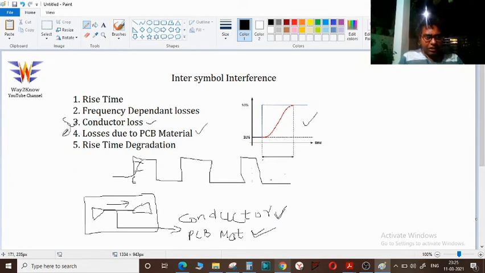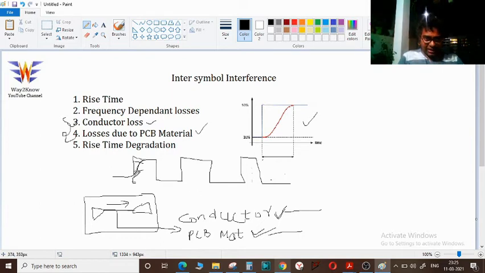Because of these two parameters, the signal, instead of rising directly, will rise this way. That means there is a rise time associated with the signal. Now let us assume we have very high conductor losses and the PCB material is not selected properly.